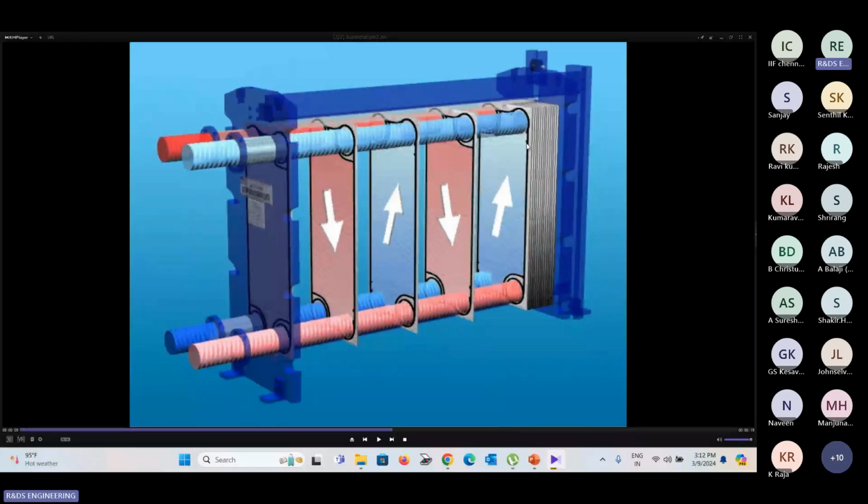Normally in these plants, the volumetric flow will be somewhere under 1,200 m cube or 2,000 m cube. To handle those kinds of fluid, around 2,000 m cube, we go with the 20-inch connection heat exchanger.